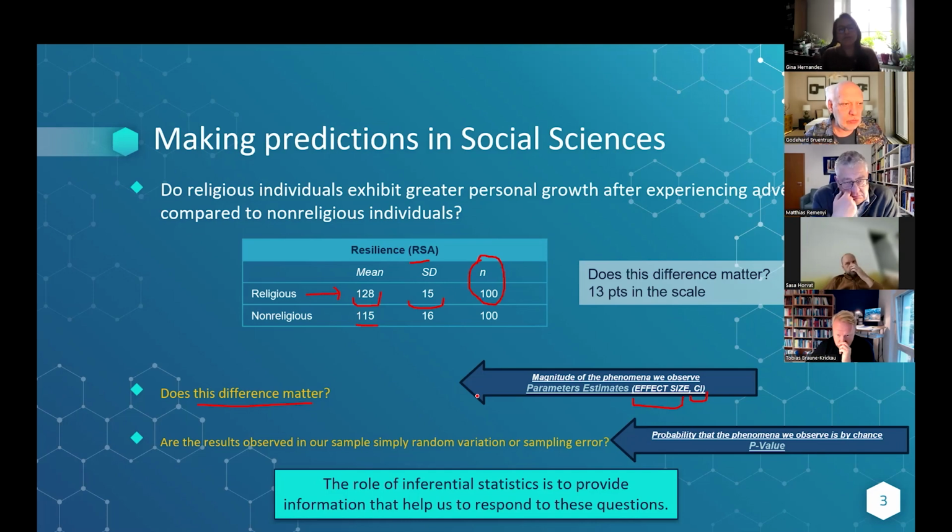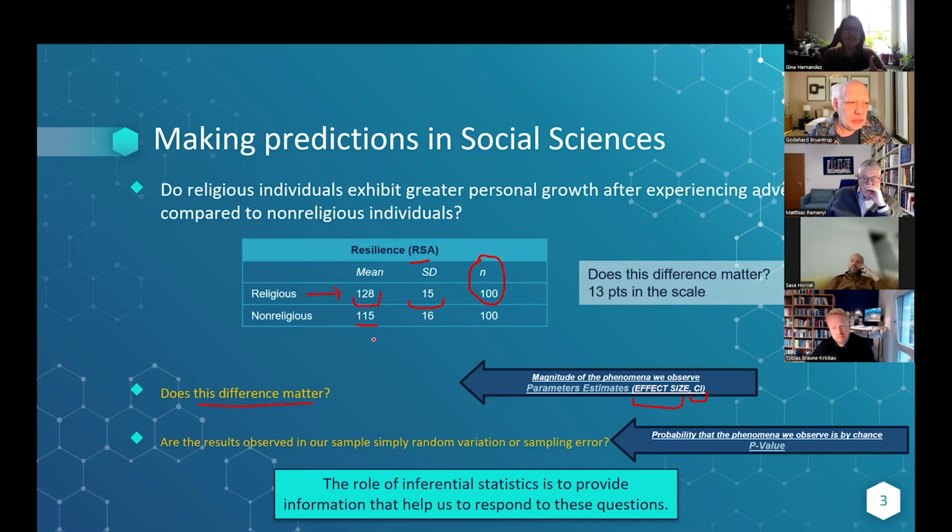But the other question we can ask is, are the results that we are observing in our sample due just to random variation? Is it just luck? Or are they due to sampling error? Maybe I was doing something wrong when I was testing them, and this is why I'm finding this difference between these individuals. Okay, so inferential statistics will help you to answer both questions.